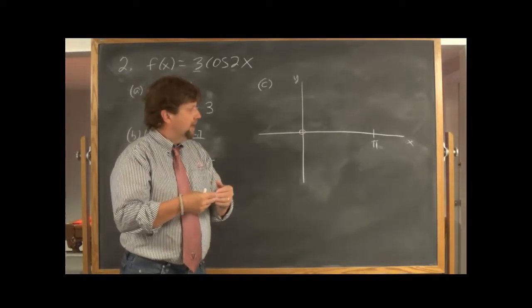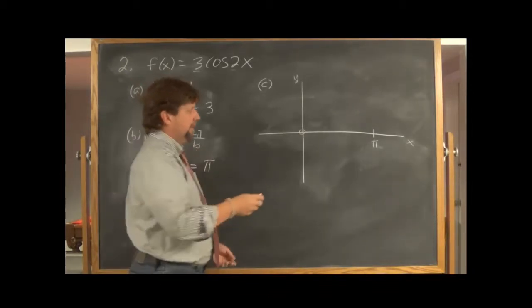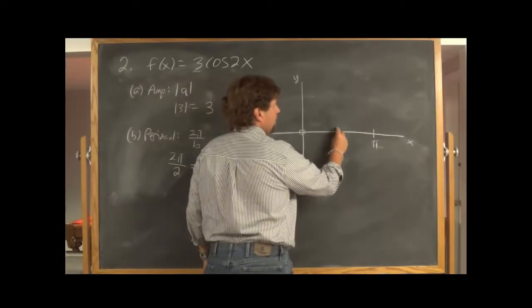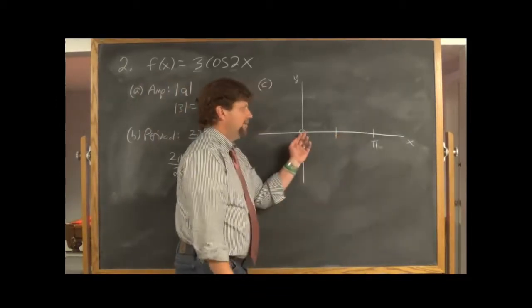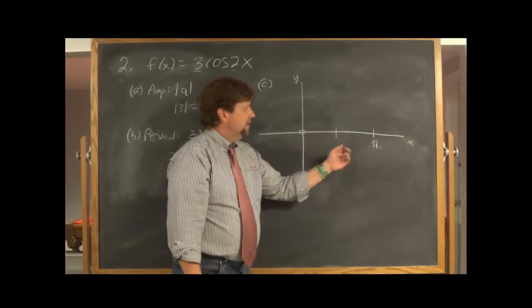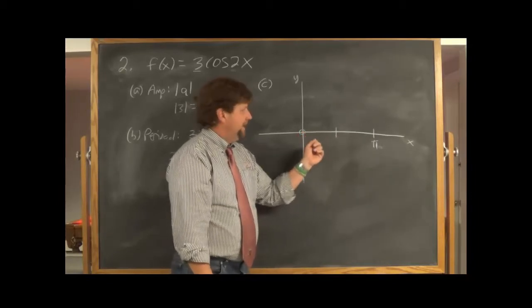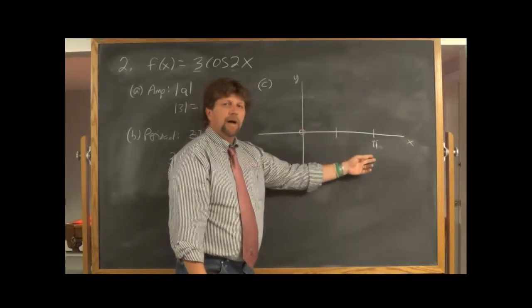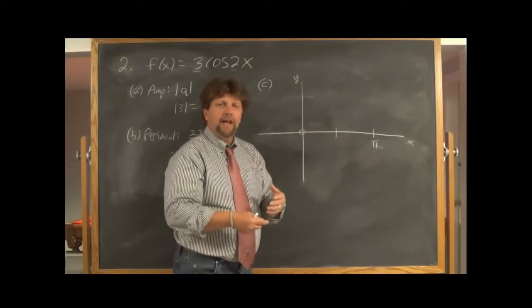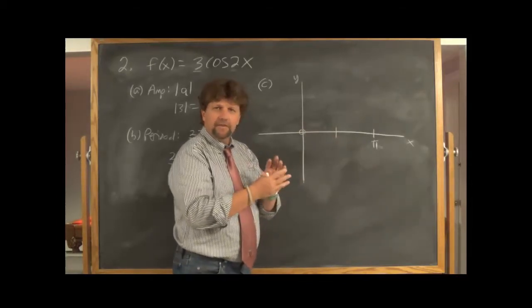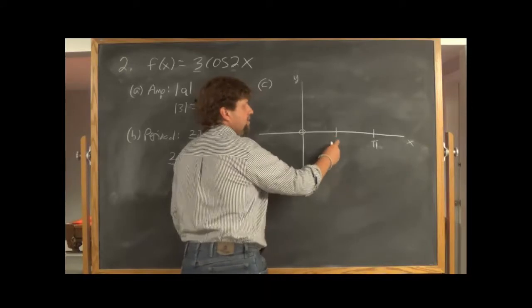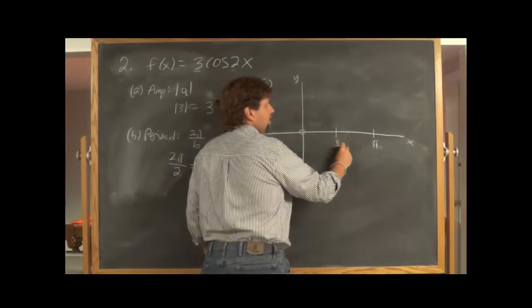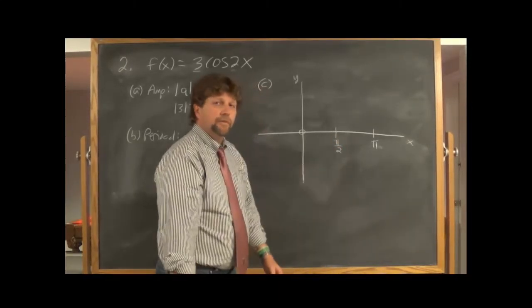I know that the midpoint, this quarter point right here, is halfway between 0 and pi. So I'm just finding the average of 0 and pi. And we know how to find an average: add together, divide by 2. So that gives me the midpoint to be pi over 2.